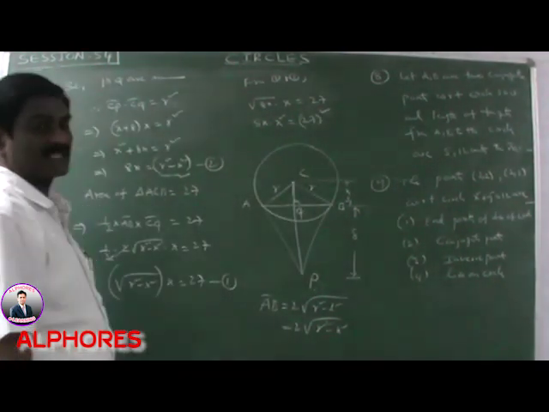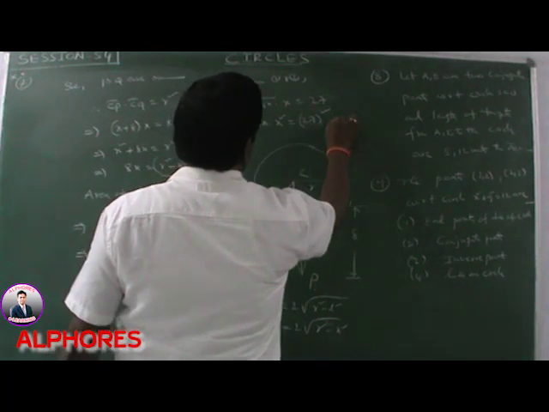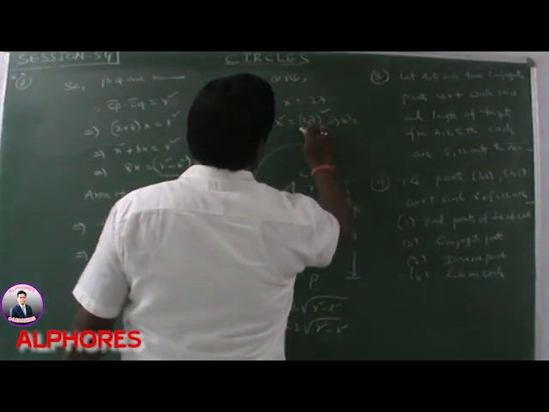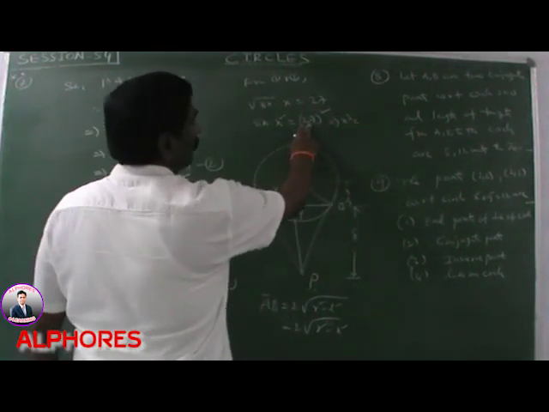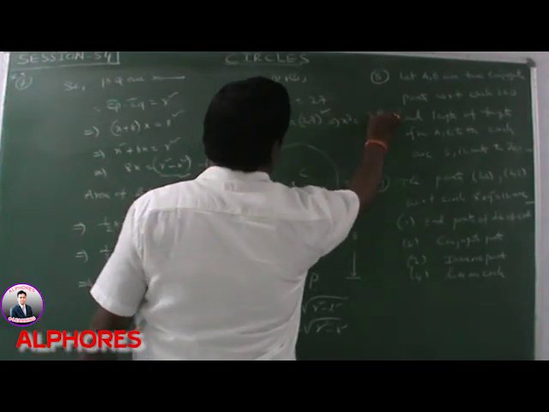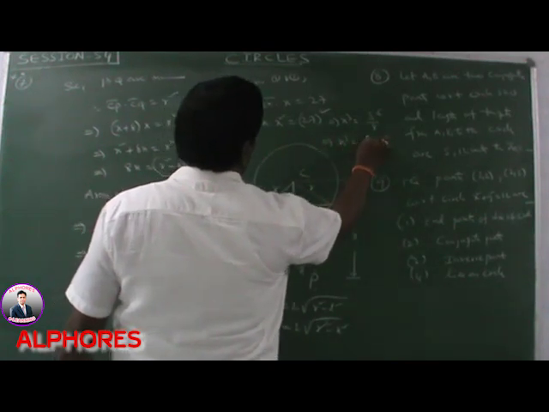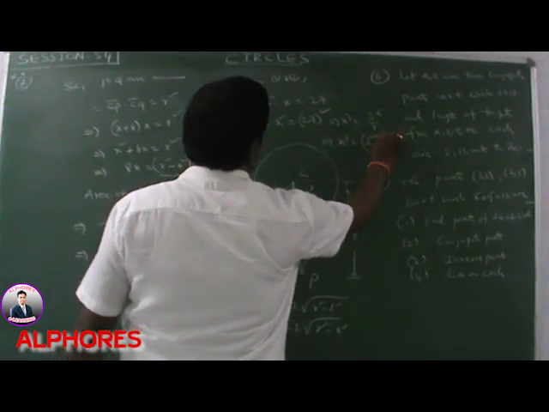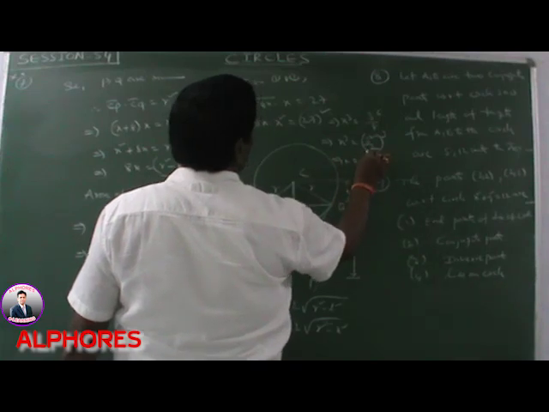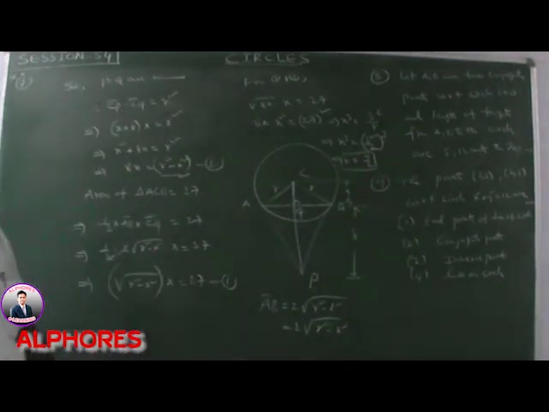That means x cube is equal to 27 square, 27 means 3 cube, sorry, 3 cube whole square means 3 power 6, by 8. That implies x cube is equal to 3 square by 2 whole cube. That implies x is equal to 3 square by 2, means 9 by 2. The value of x is equal to 9 by 2.